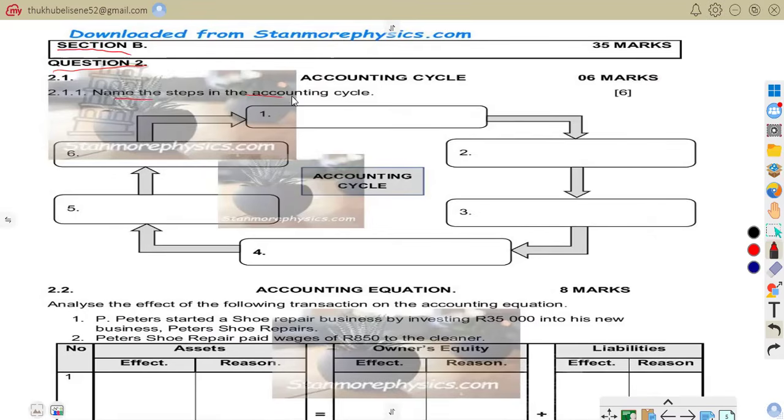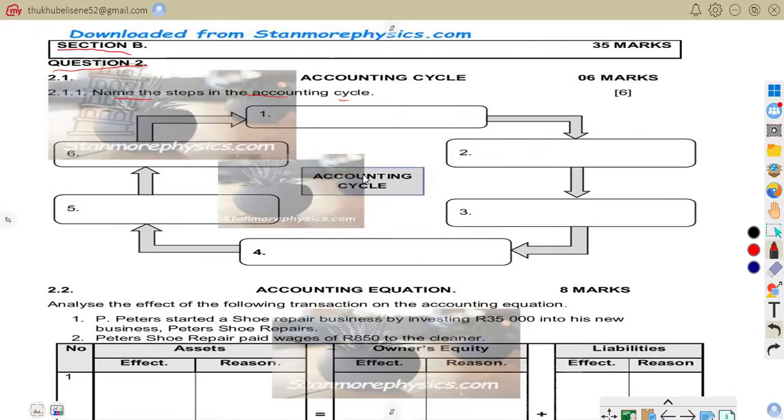The accounting cycle is a step-by-step process businesses use to record and prepare financial information. The cycle starts when a transaction happens and ends when financial statements are prepared. That is what the accounting cycle is all about.